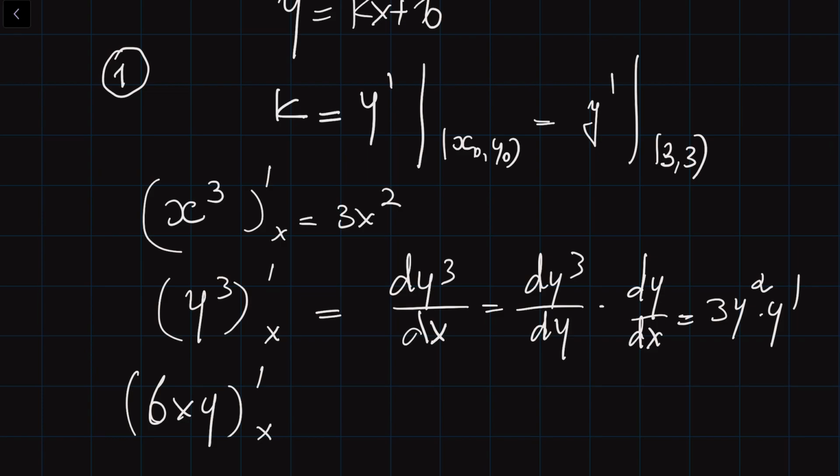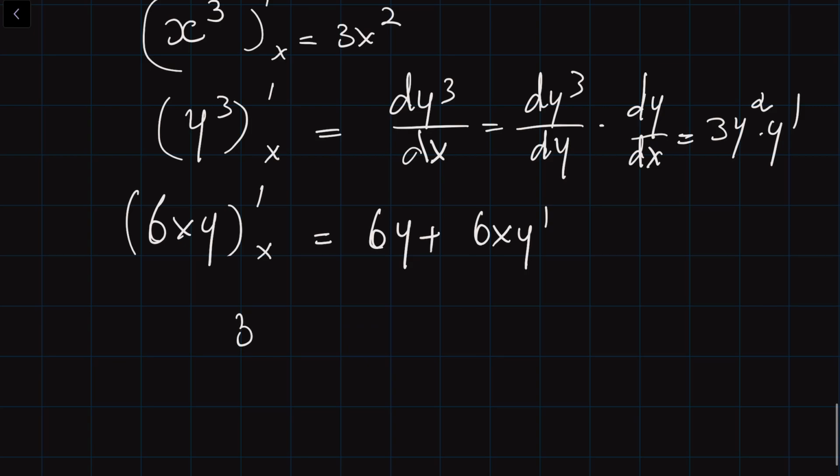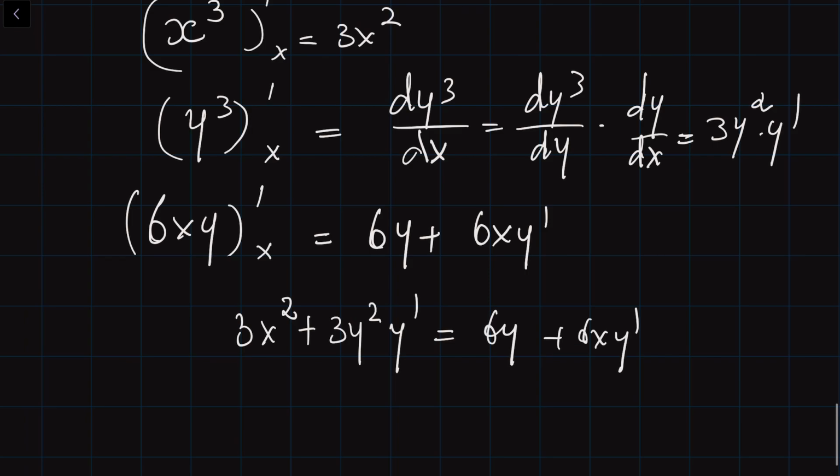What is the derivative of 6xy? 6y plus 6x y prime. Okay. So now I've got the derivative of all of the terms. It is going to be 3x squared plus 3y squared times y prime is equal to 6y plus 6x y prime.